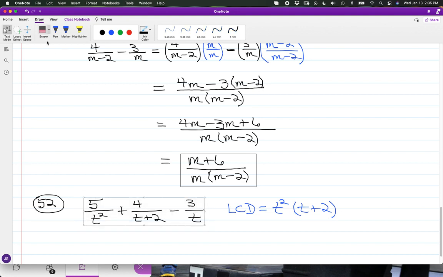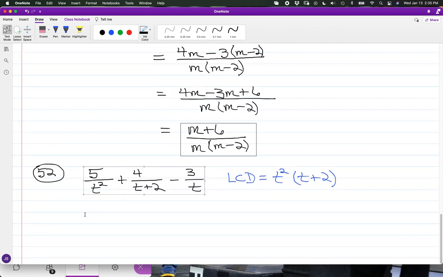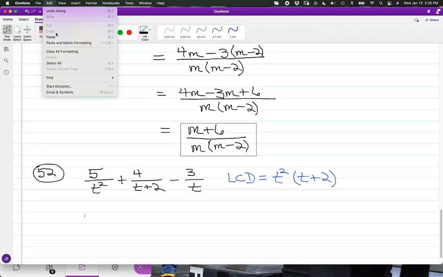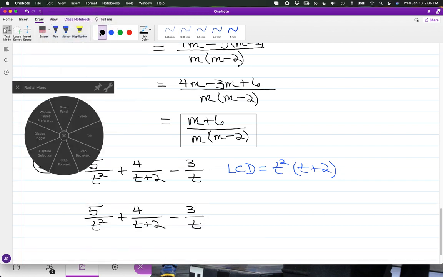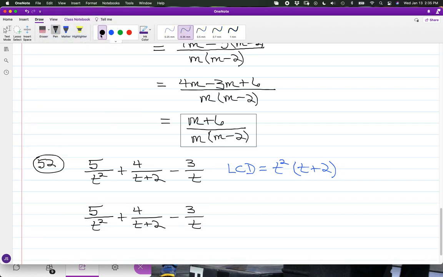Looking at combining the fractions together, I'm going to rewrite what I have in terms of the least common denominator. With 5 over t squared, we have the t squared factor, but we still have the t plus 2 left over, so I'm going to multiply by 1 in the form of the missing factor t plus 2 divided by itself.